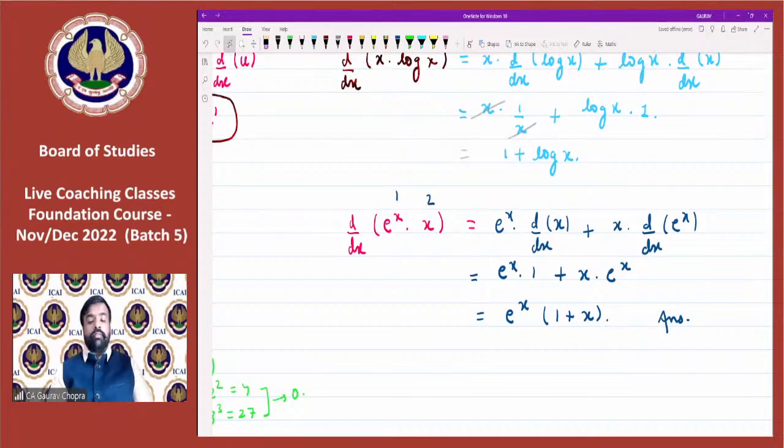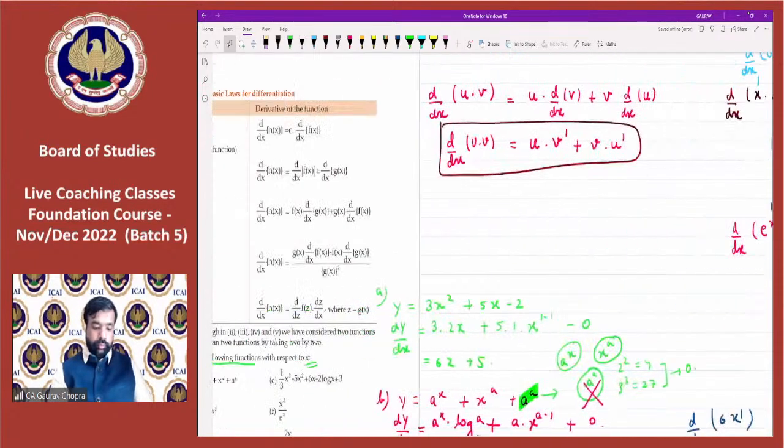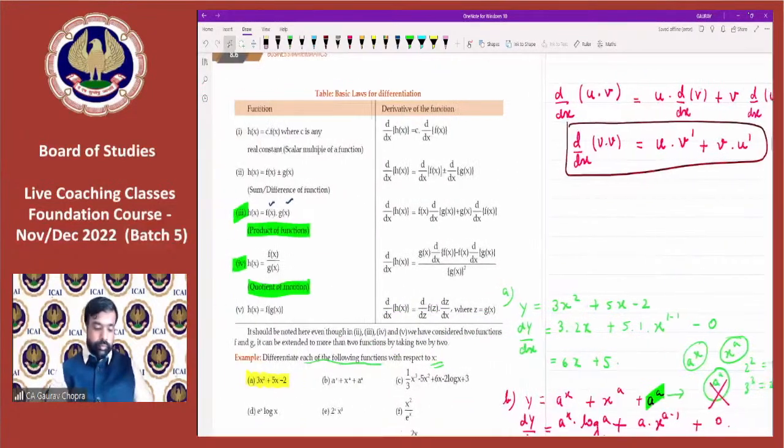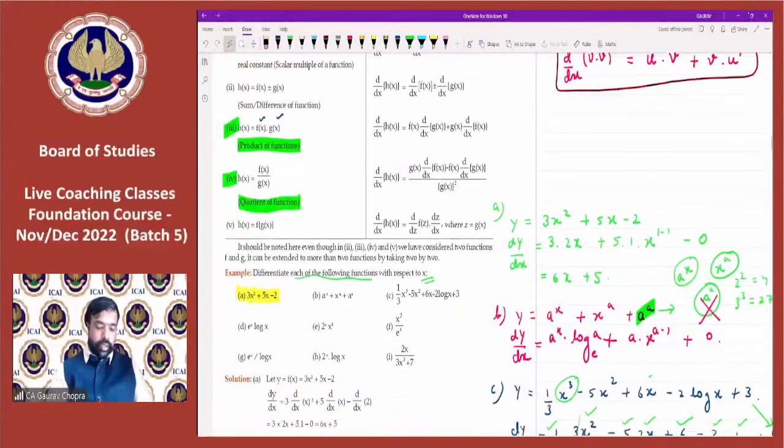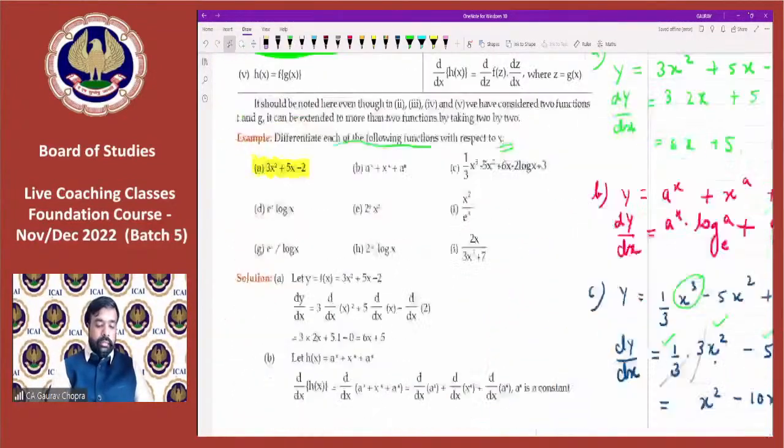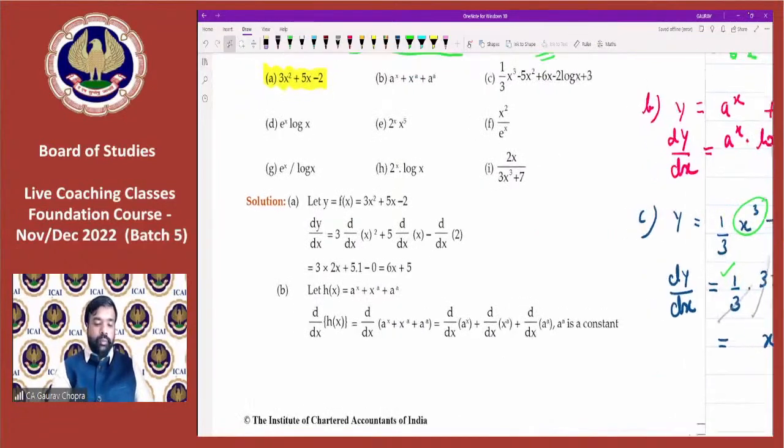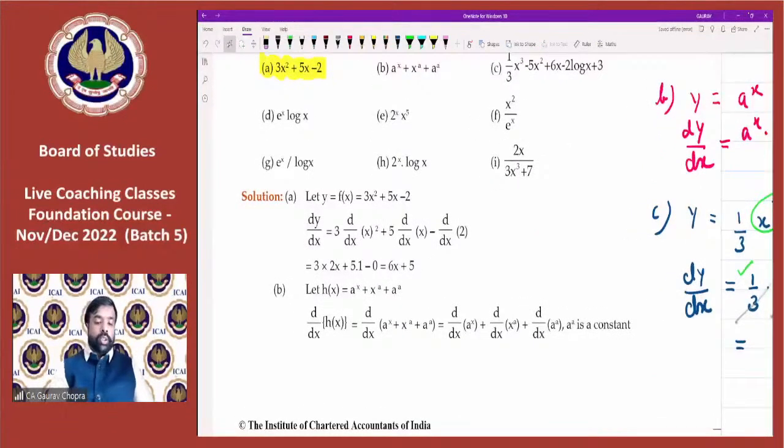So in this manner, we can apply the product rule. So now you can try the D part. Right now, I'm waiting. D portion: e to the power of x log x.